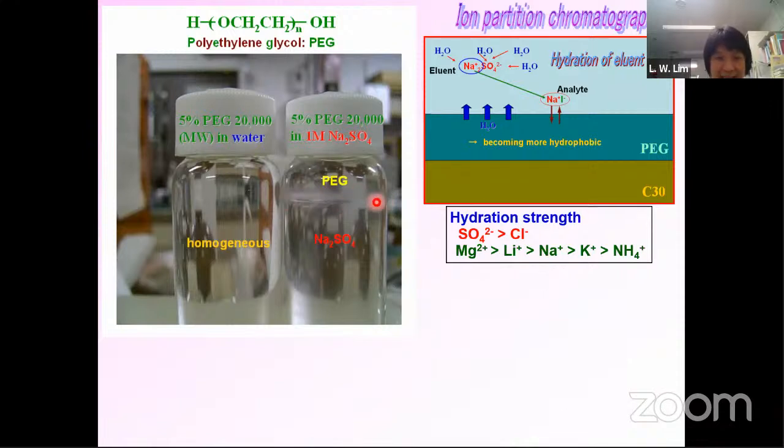So meaning that on the surface of the column, the layer can be different if we have a different thickness of the PEG.